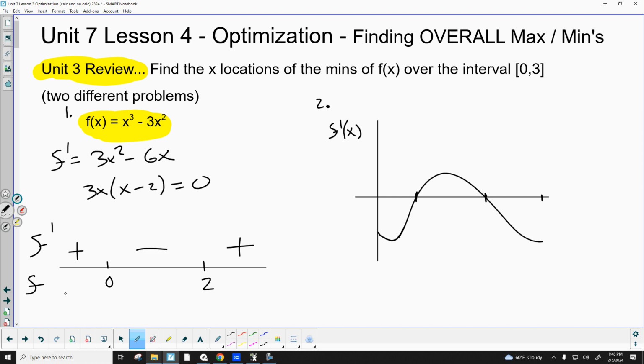It's so funny how we forget that so quickly. Guys, this is just like a position function.